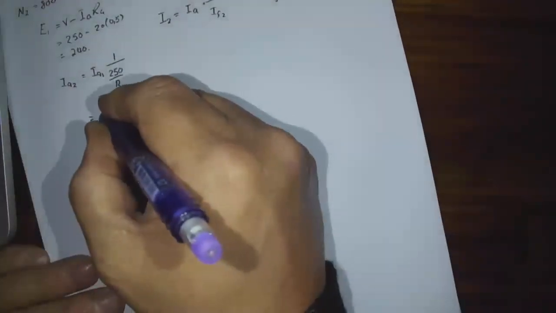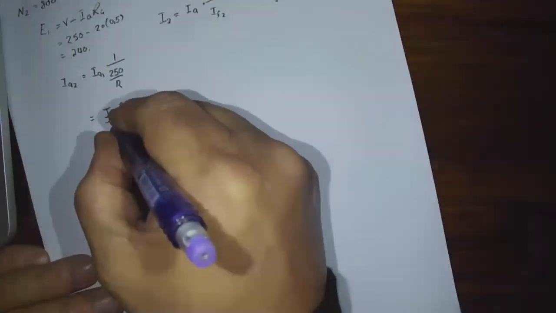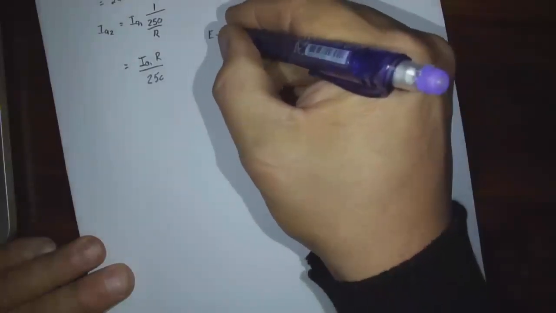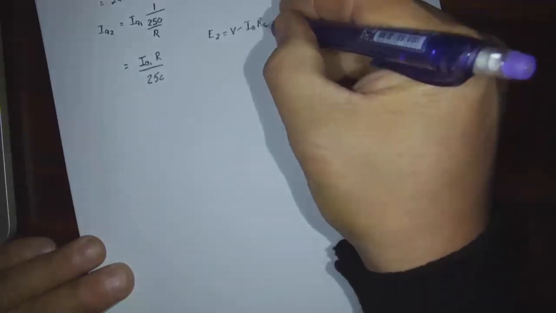So that becomes, let's rewrite it. IA1 times R over 250. Right. Then now we can calculate E2. You agree? E2 is going to be V minus IA RA.